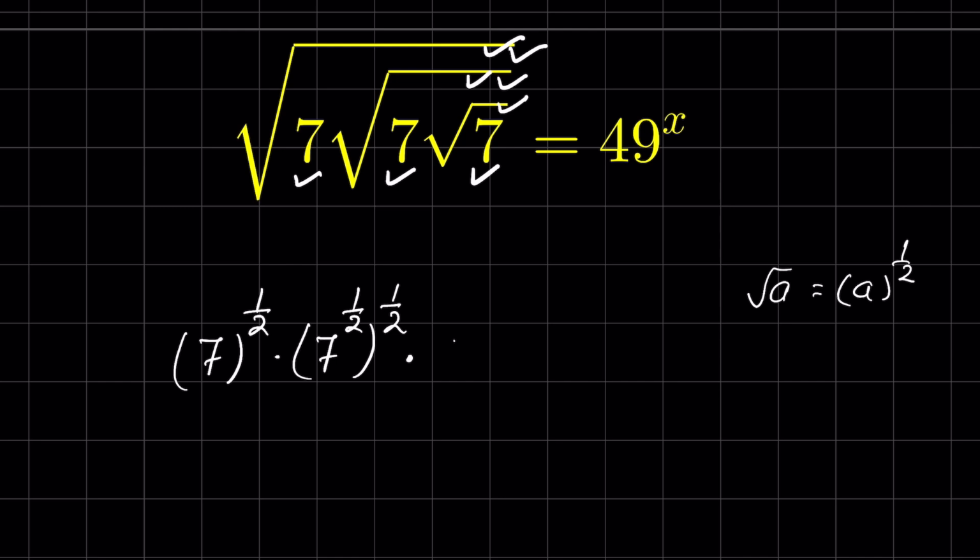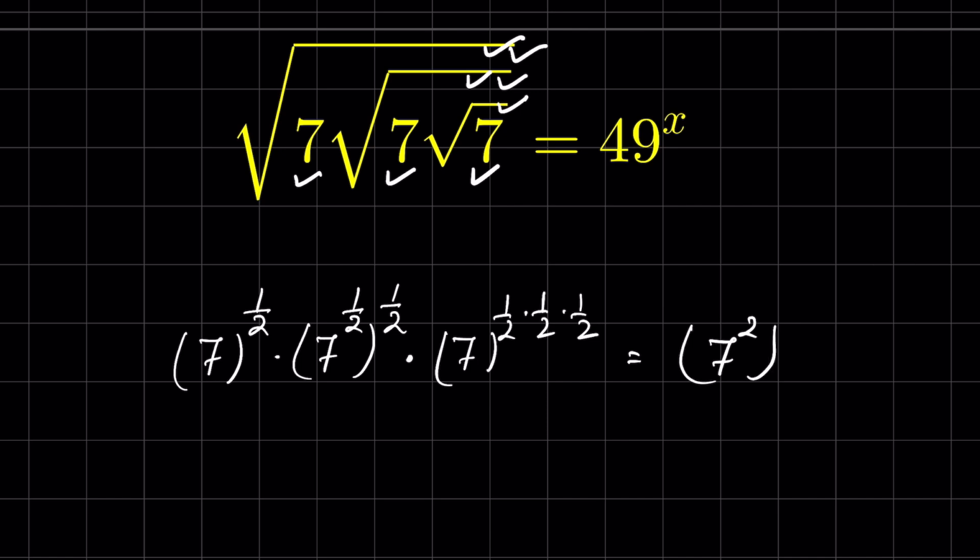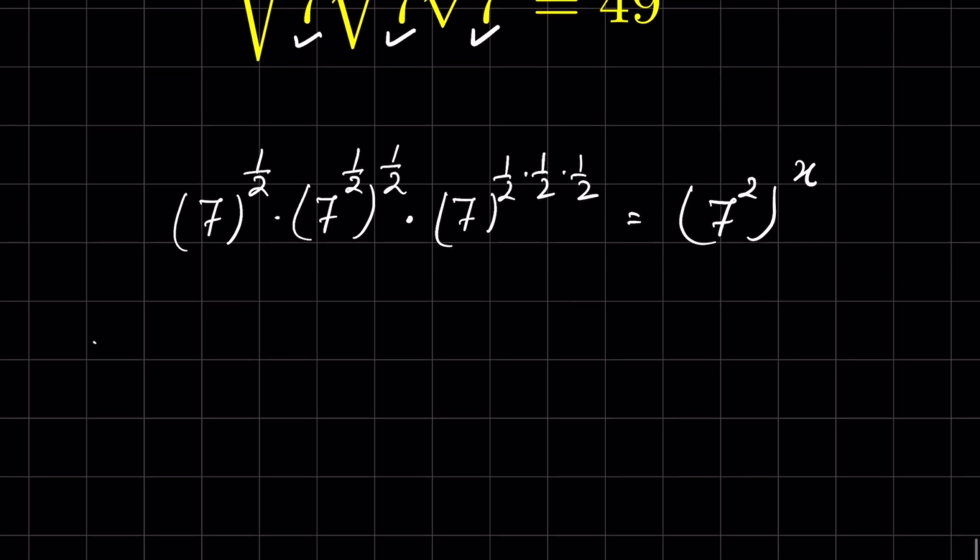So 3 square roots. So that is 7 raised to the power of 1 upon 2 times 1 upon 2 times 1 upon 2 is equal to 49, as 7 raised to the power of 2, then whole raised to the power of x. So this is 7 raised to the power of 1 upon 2 times 7 raised to the power of 1 upon 4 times 7 raised to the power of 1 upon 8 is equal to 7 raised to the power of 2x.